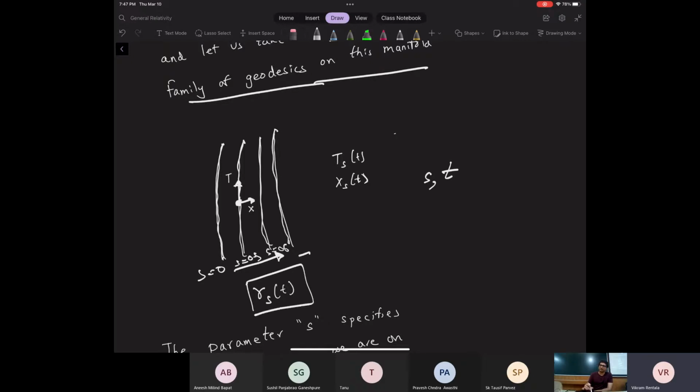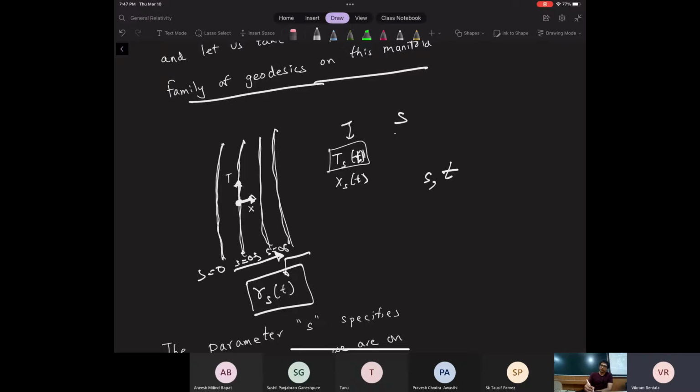So t is the parameter along the geodesic, and s is the parameter that takes me from one geodesic to another geodesic. On a particular geodesic, I have a tangent vector, which I denote as T. This is the tangent vector on the geodesic with label s, and this is the tangent vector at a time t, time in the sense of geodesic parameter.